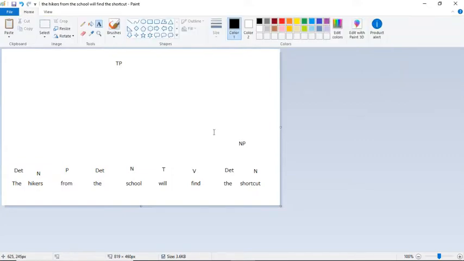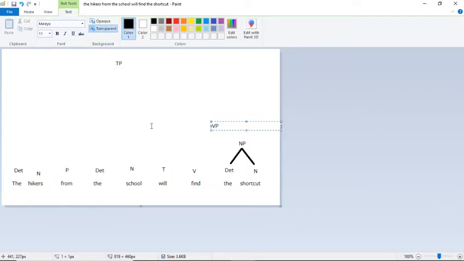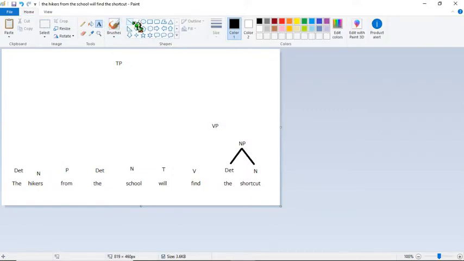So I'll do the easiest things first. So I'm going to add my noun phrase here. And then just by doing that, I can quickly see that there's going to be a verb phrase connecting the verb and the noun phrase. All right. This follows a pattern we've seen over and over again. So by now you should be able to quickly recognize this kind of pattern.